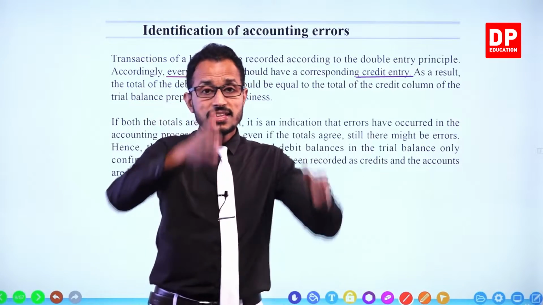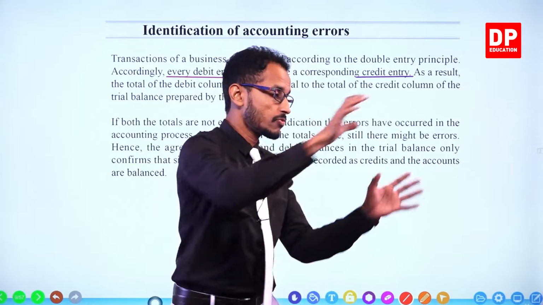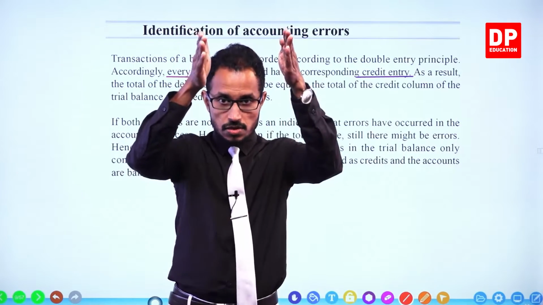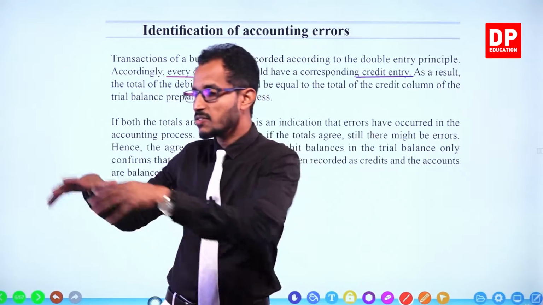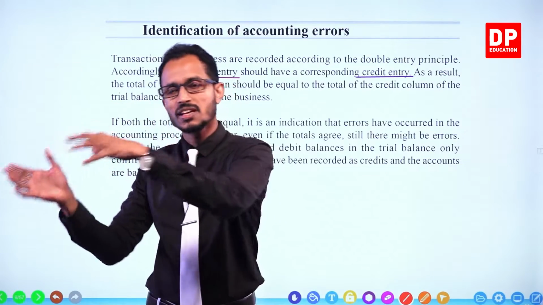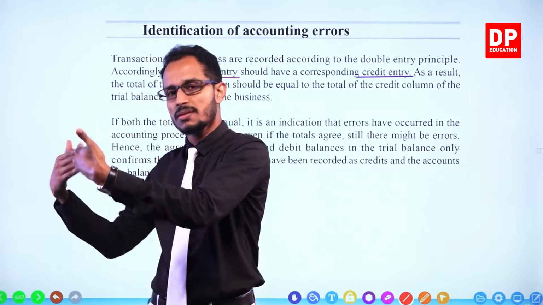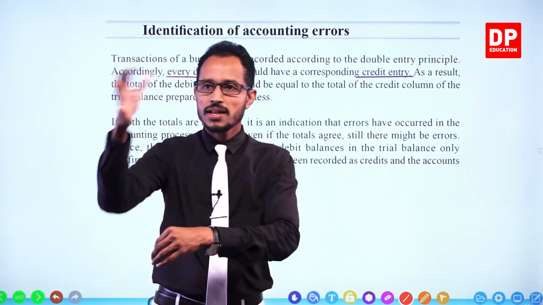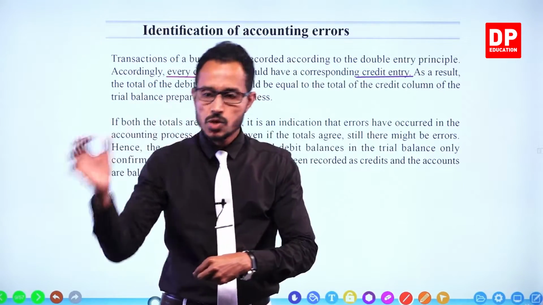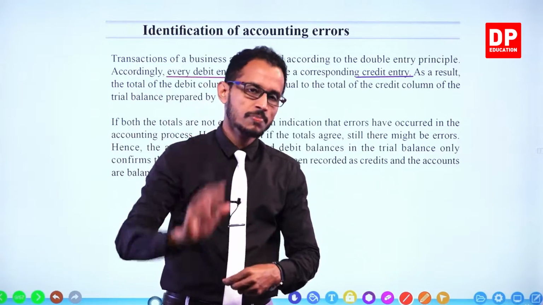We take the debit balances from the ledgers, all the debit balances, and list them down in the debit column. We take the credit balances from the ledger accounts which have credit balances and put them to the credit column of the trial balance.